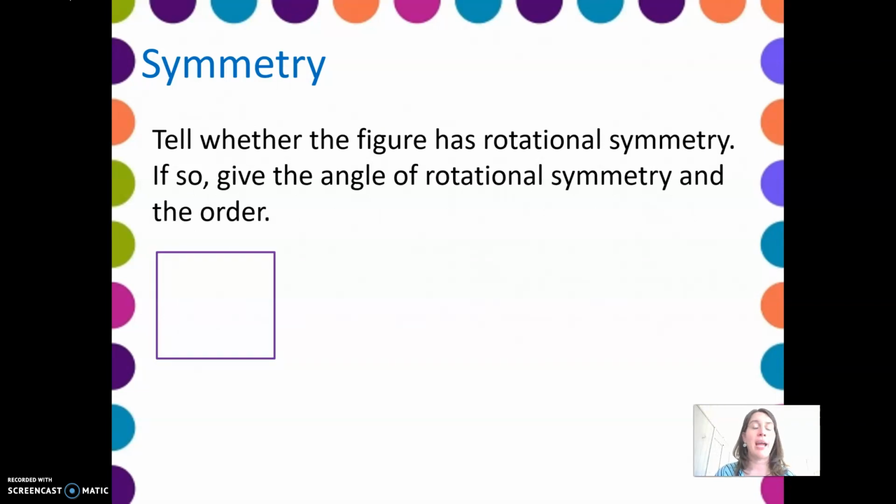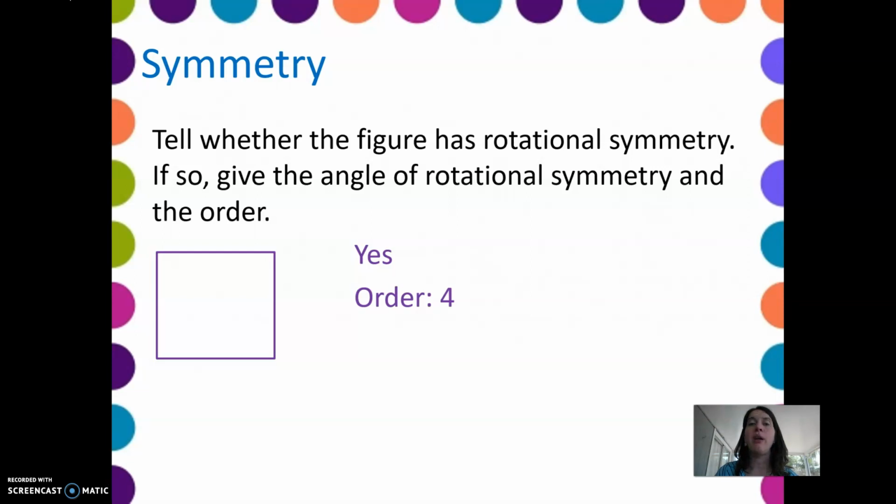On this screen, I have a square. Our job is to determine, does this square have rotational symmetry? Can I spin that square around and see the exact same square again? Well, is that a possibility? Absolutely. So yes, this does have rotational symmetry. How many times would I see the same square over and over again? The order of that square would be 4.